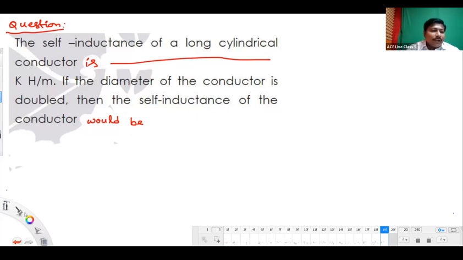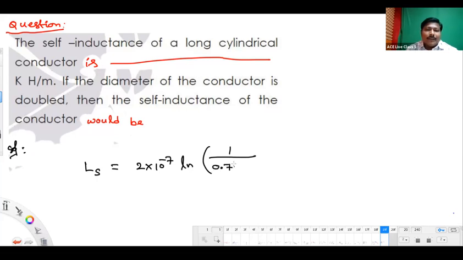In the solution, simply, self-inductance equals 2 into 10 power minus 7 natural logarithm of 1 by 0.7788 into the radius of the conductor, in Henry per meter. He's saying the radius of the conductor is increasing.